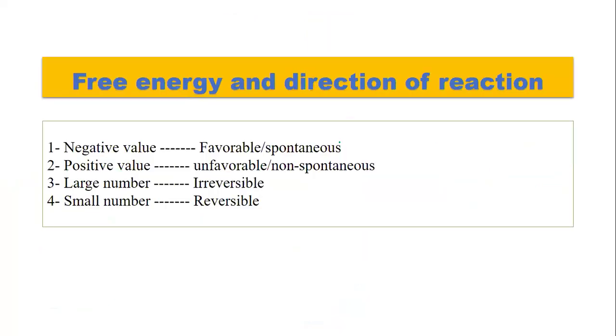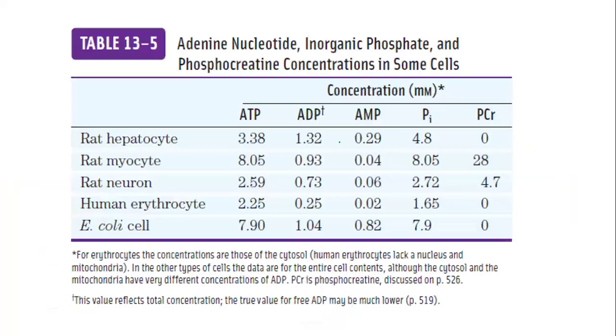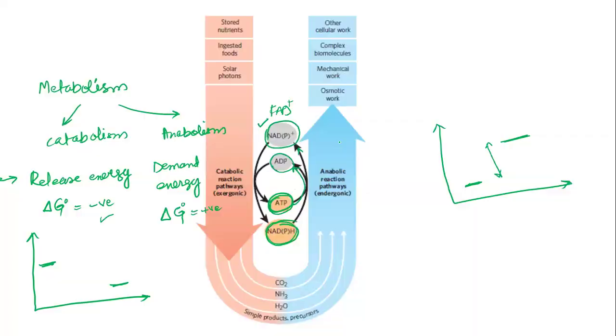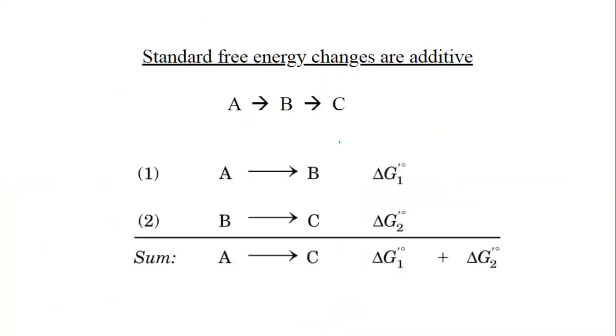So what I want to make clear here is that inside the living organisms, the endergonic reactions are coupled to exergonic reactions. Exergonic reactions release energy and endergonic reactions demand energy.